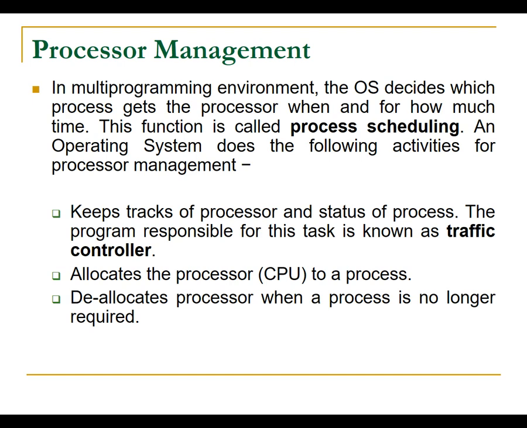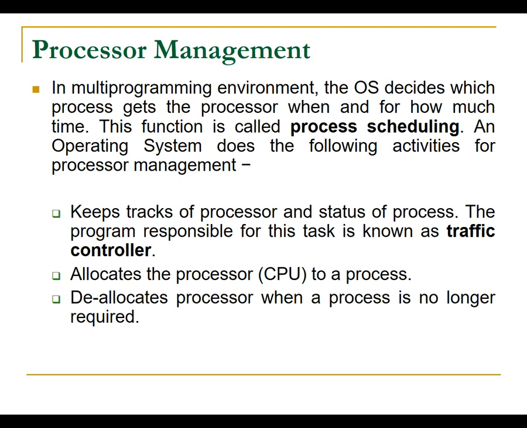So again, I am not going in depth into the discussion of this entire thing, but process management is handled by process scheduling, where every process gets scheduled as per the resources that they have occupied.